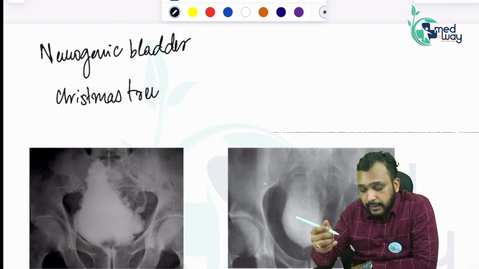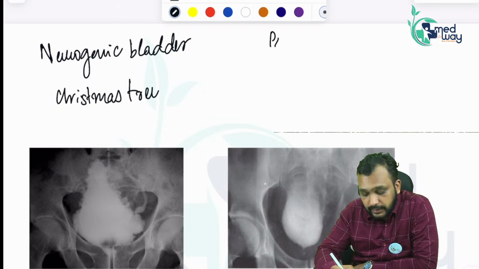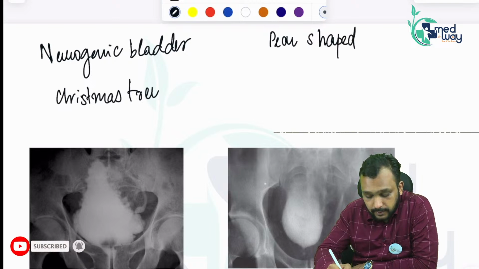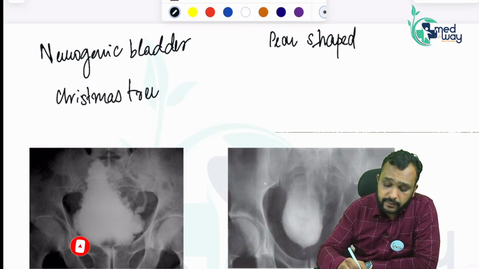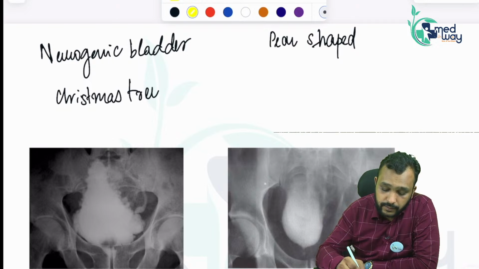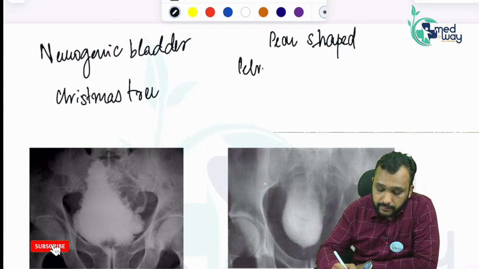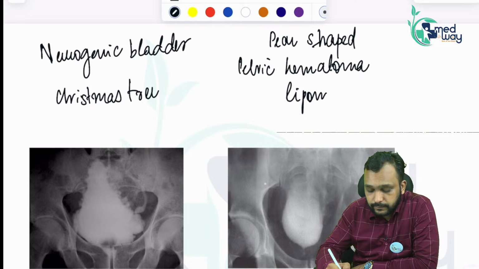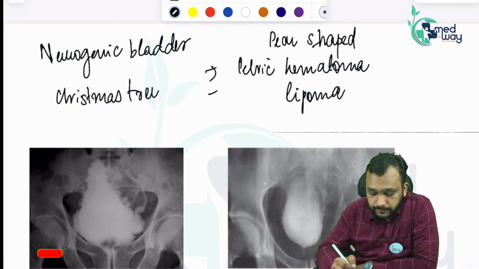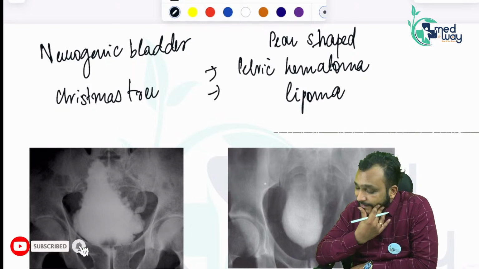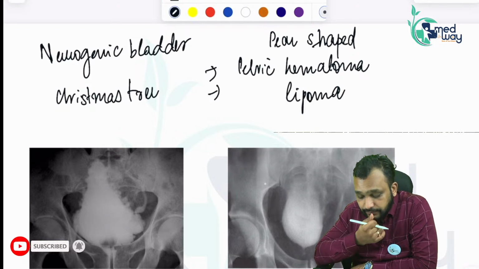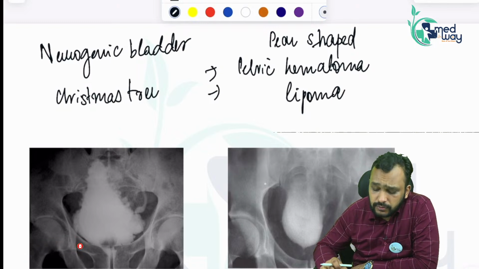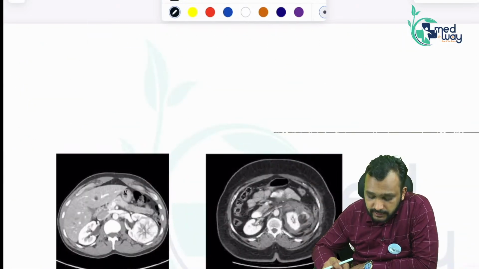And in the second image you see that the shape of the bladder is a pear-shaped bladder. This pear-shaped bladder is seen in patients with pelvic hematoma and pelvic lipoma. These are two important conditions in which you are going to see a pear-shaped bladder.